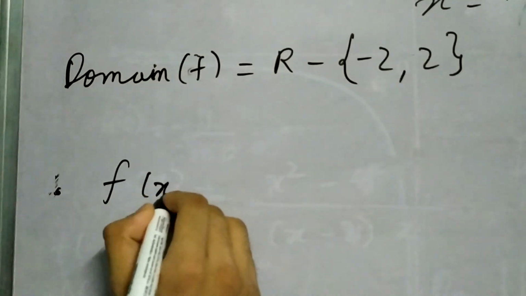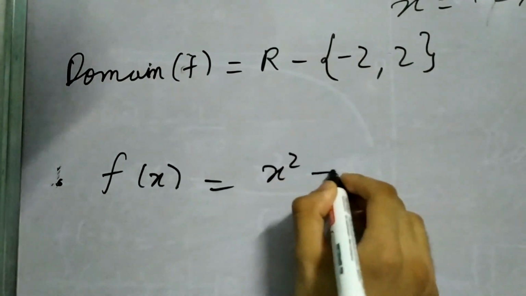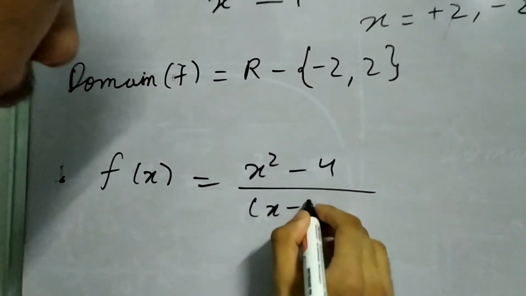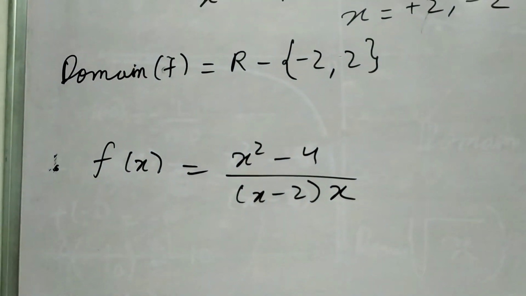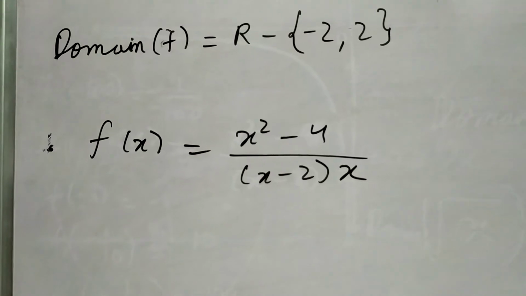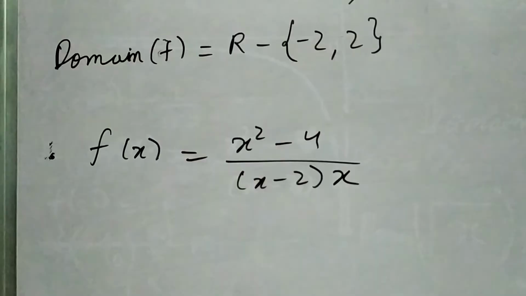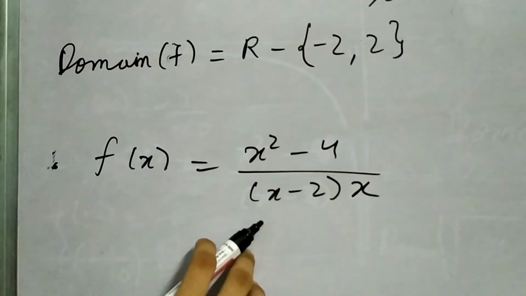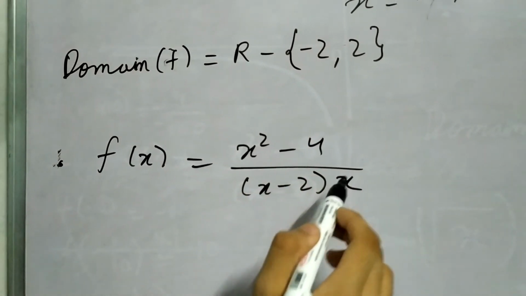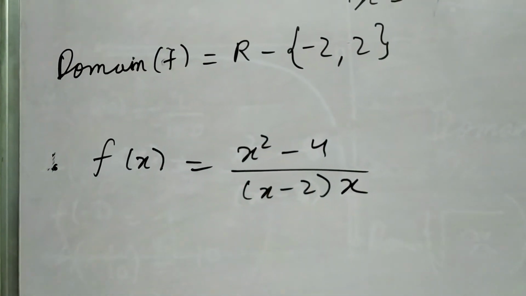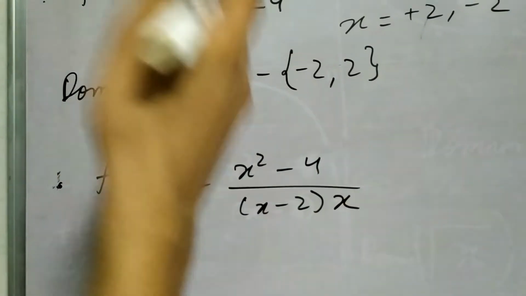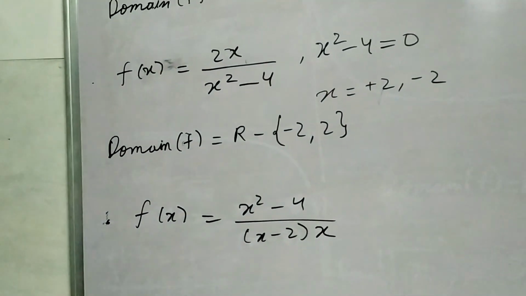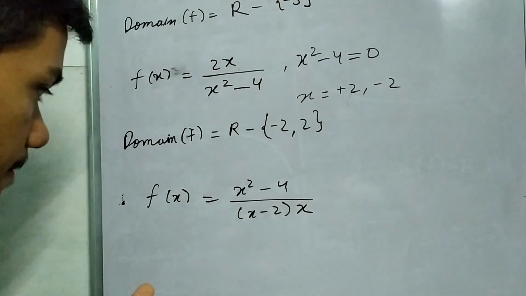Now consider f of x equal to x square minus 4 upon x minus 2 times x. Now it looks like x equal to 2 is a problem, because if you insert 2 you get 0 in the denominator, and something upon 0 is not defined, the function is not defined, that's why we can't put x equal to 2. It's slightly trickier than this.